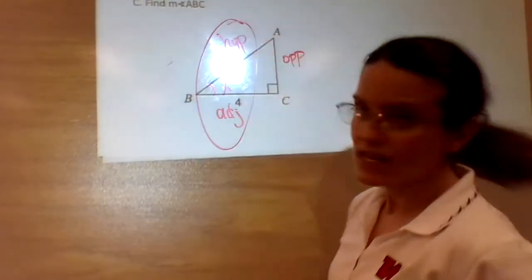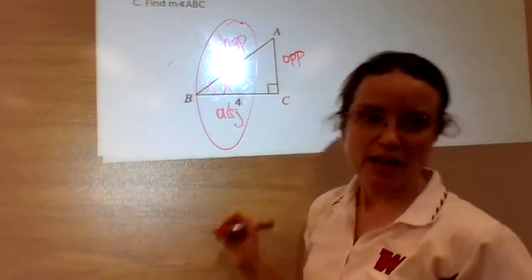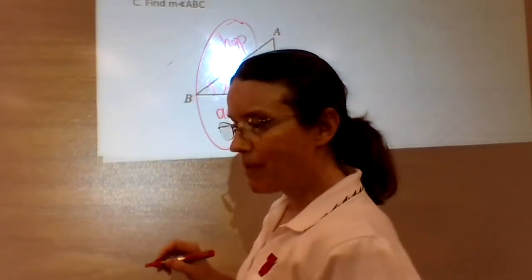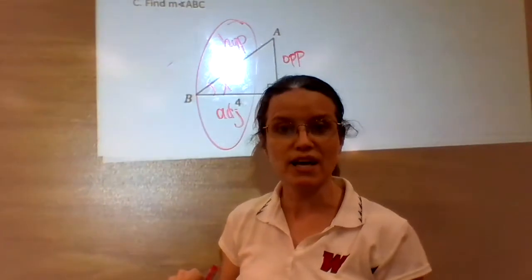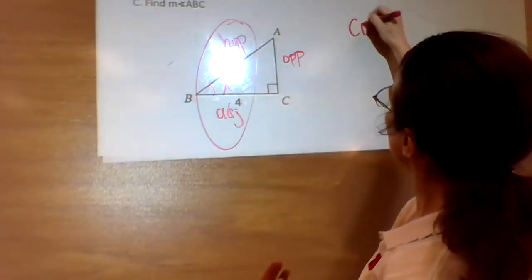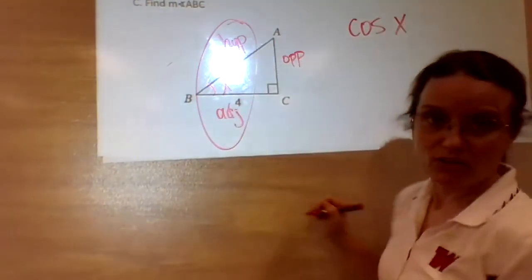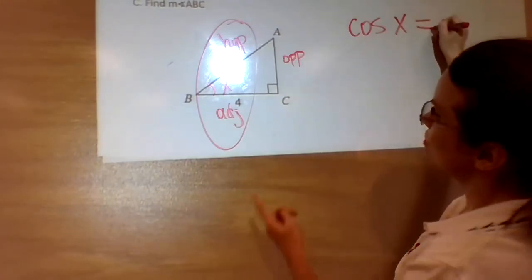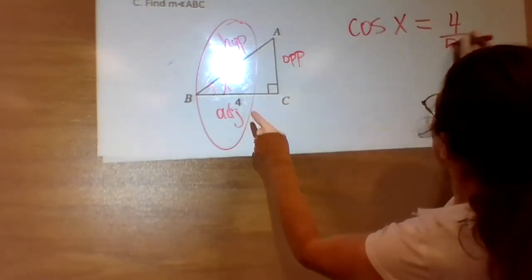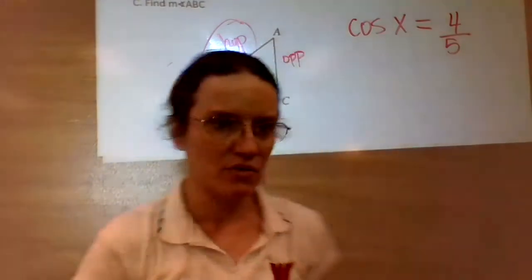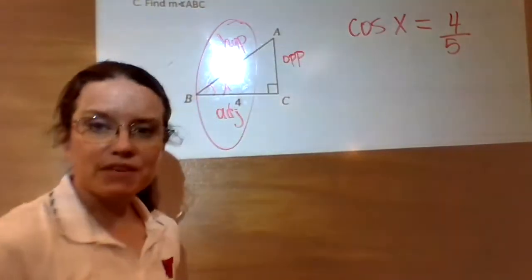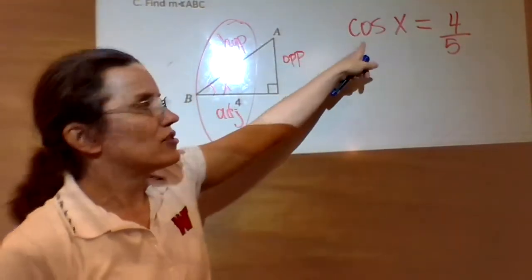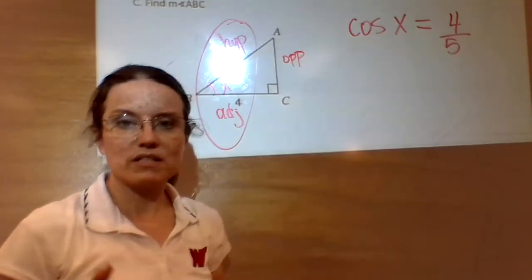Let's use these two, my adjacent and my hypotenuse. My adjacent and my hypotenuse are going to tell me to use cosine. And so when I do cosine of my mystery angle, I know to use my adjacent and my hypotenuse. So cosine of x is 4/5. But there's the problem. I don't want the cosine of x. I just want to know x.